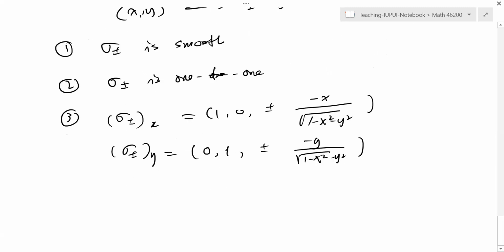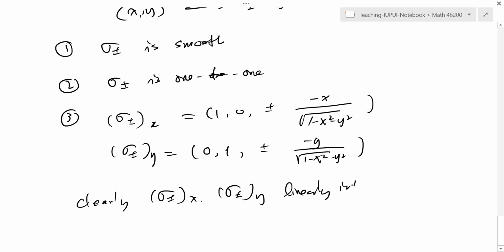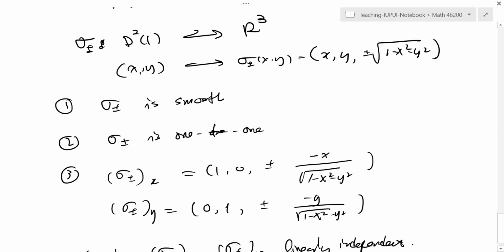Then you look at the cross product. Clearly these two are linearly independent. I don't even need to look at the cross product. So it's good, it's pretty nice, right?